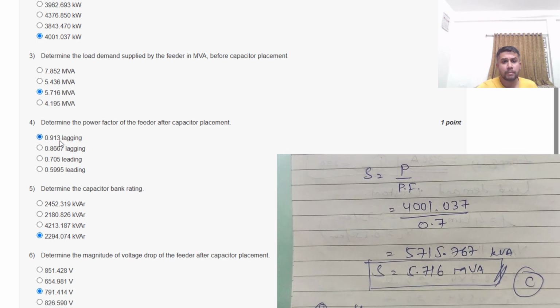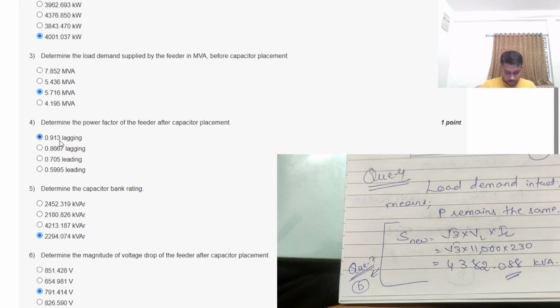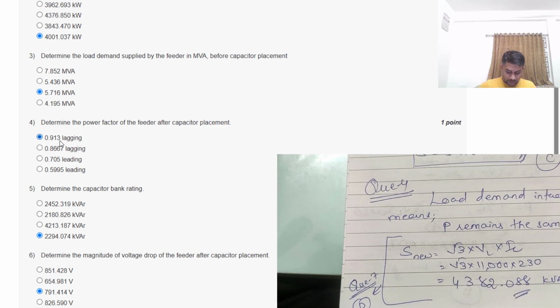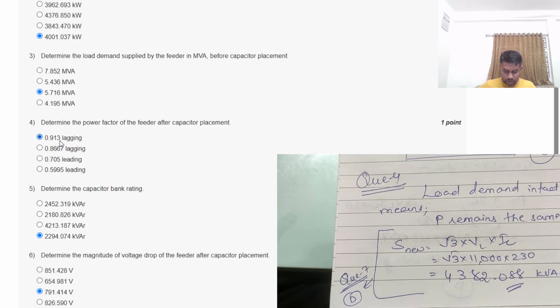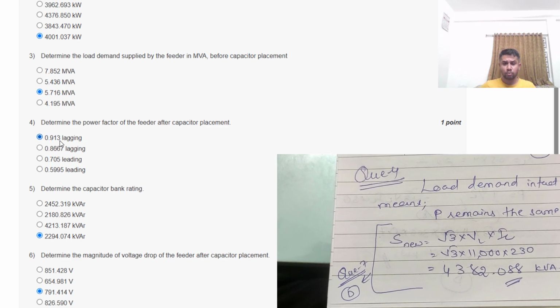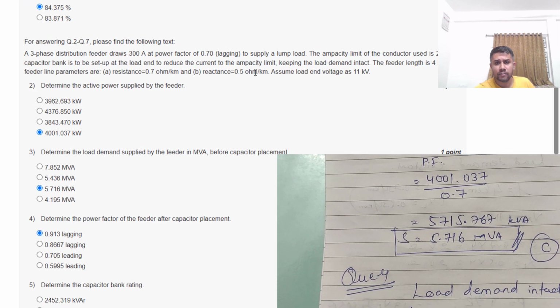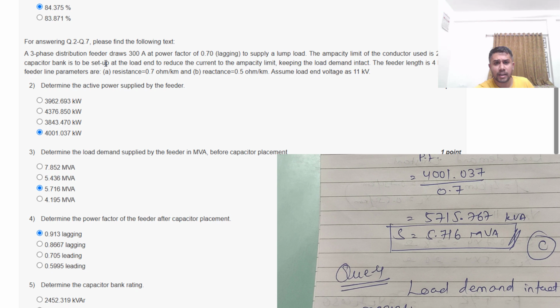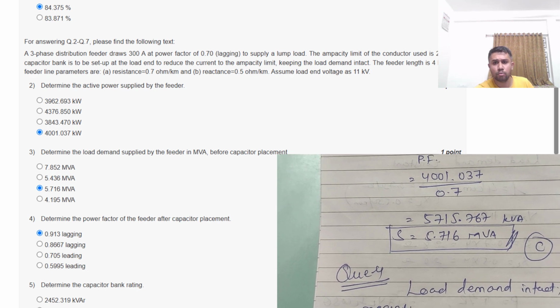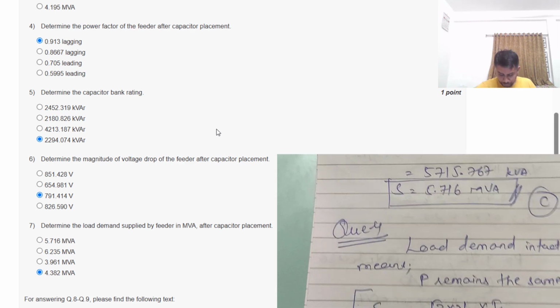In the fourth, determine the power factor of the feeder after capacitor placement. After the placement of the capacitor, as P remains the same, we have to calculate S new. The current has to drop down to the thermal ampacity capacity that they have mentioned, which is 230 ampere. So the current is reduced to 230 ampere.